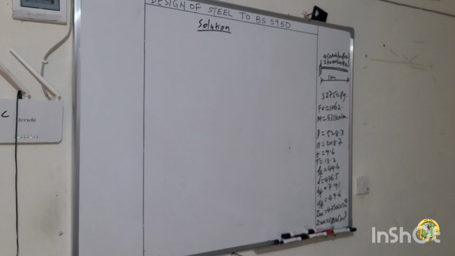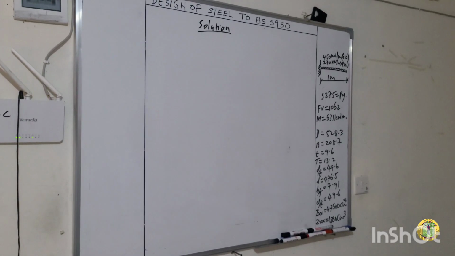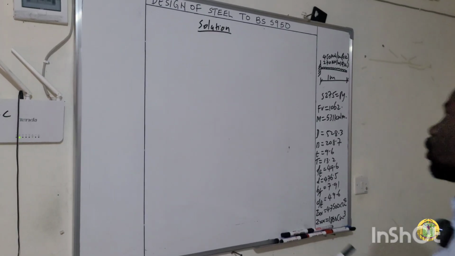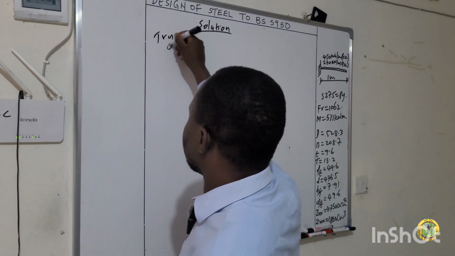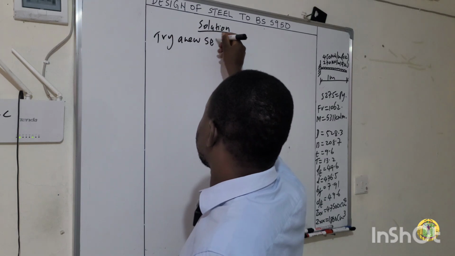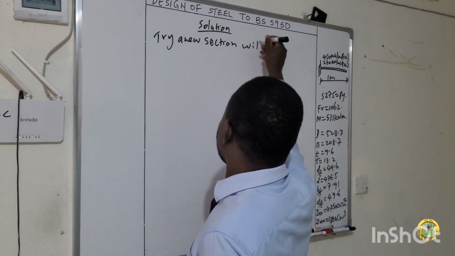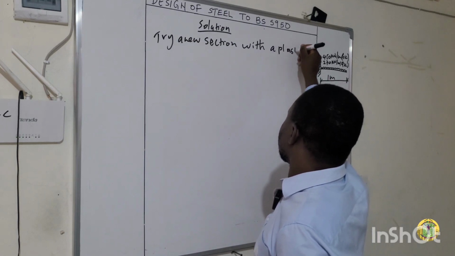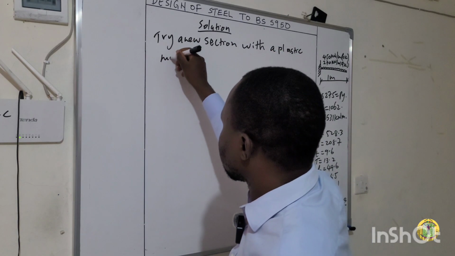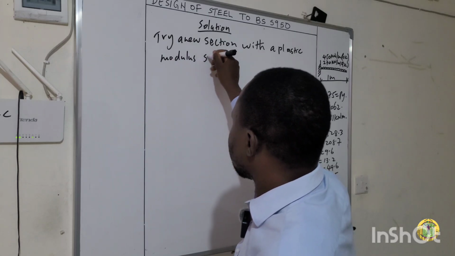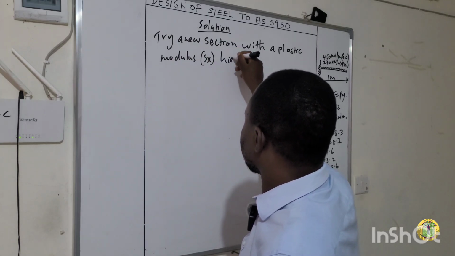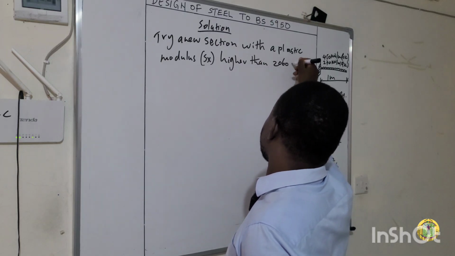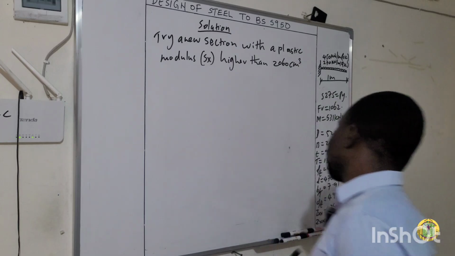But I will not show you how to select this one from the table because you already know it. I have shown you how to read the table. So you'll say try a new section with a plastic modulus higher than 2060 centimeter cubic.